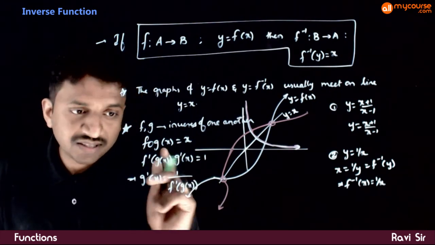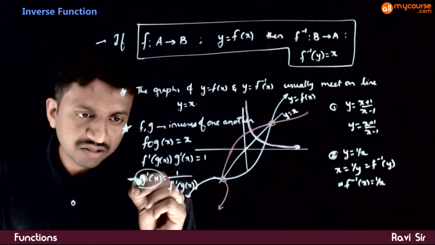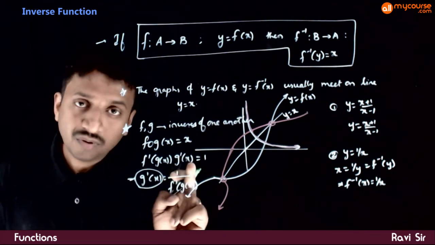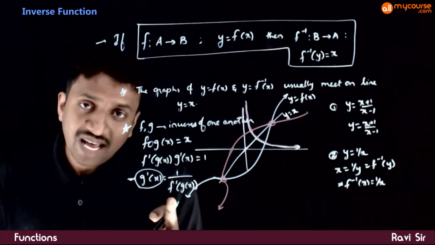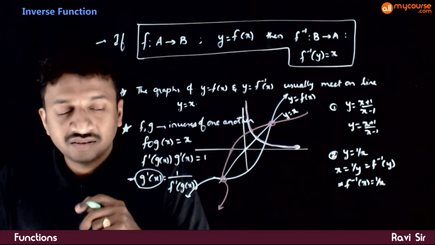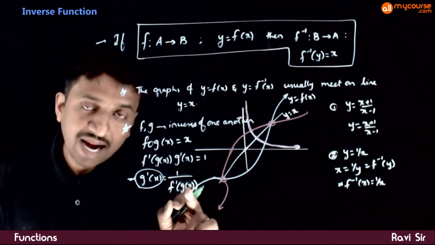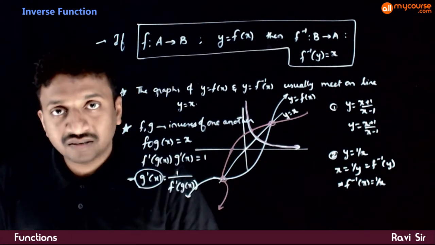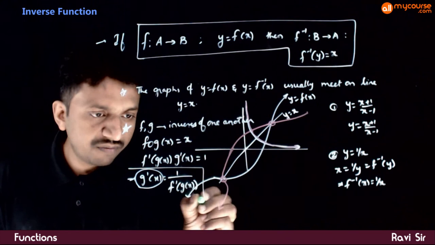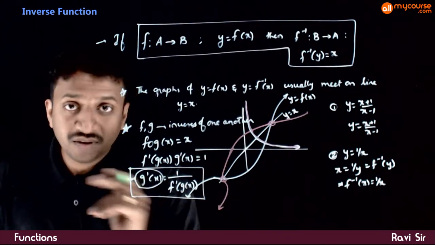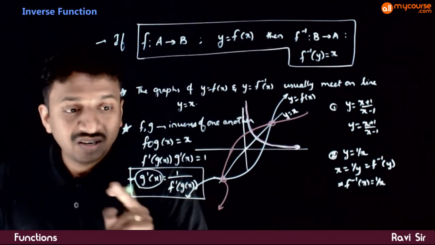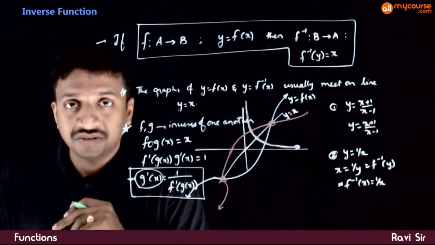So g dash of x, the differentiation of the inverse function, is equal to 1 by f dash of g of x, that is, the differentiation of the original function at the functional value g of x. This will be a very useful derivation when we deal with differentiation of inverse functions.